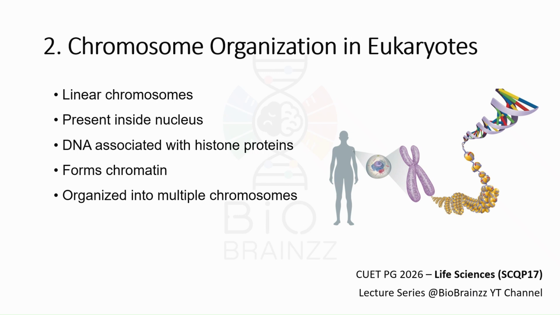So, in eukaryotes, DNA plus histone proteins together form chromatin. Another important point is that eukaryotic genomes are organized into multiple chromosomes, not just one. For example, the figure on the right side shows different levels of DNA packing from the DNA double helix to nucleosomes, chromatin fibers, and finally condensed metaphase chromosomes.